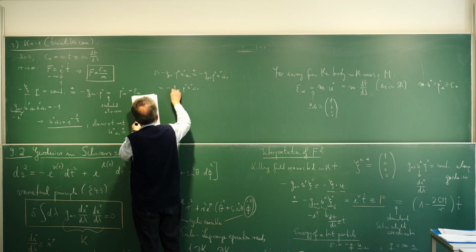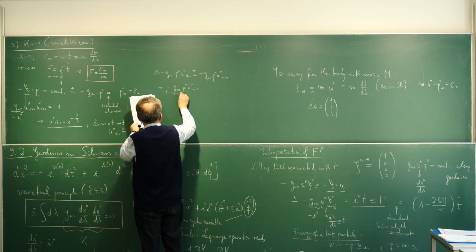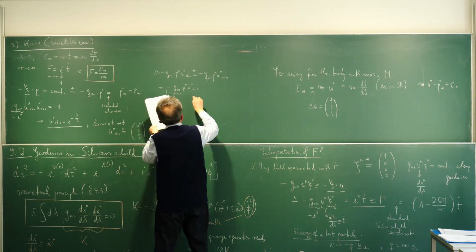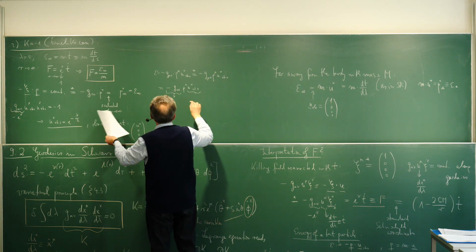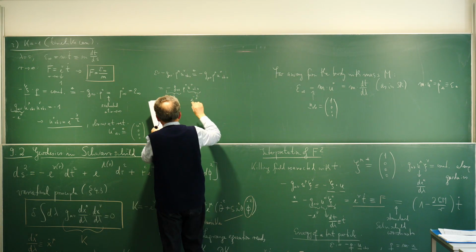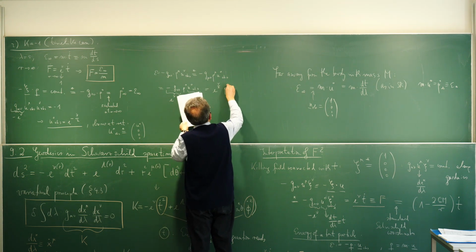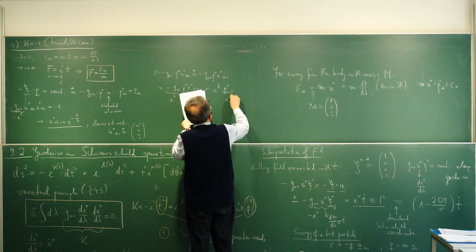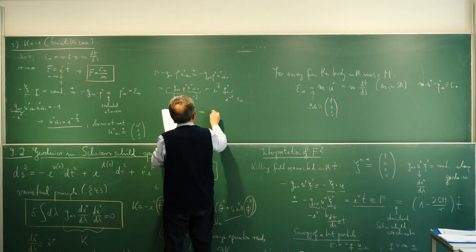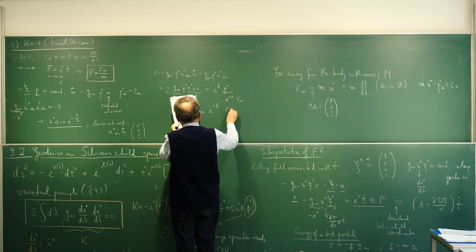So this here is e to the mu, and this here, as we have seen, is e to the minus nu over 2. So we get e to the nu over 2 times p0, and p0 is e to the mu times e to the nu times epsilon infinity, which is e to the minus nu over 2 times epsilon infinity.